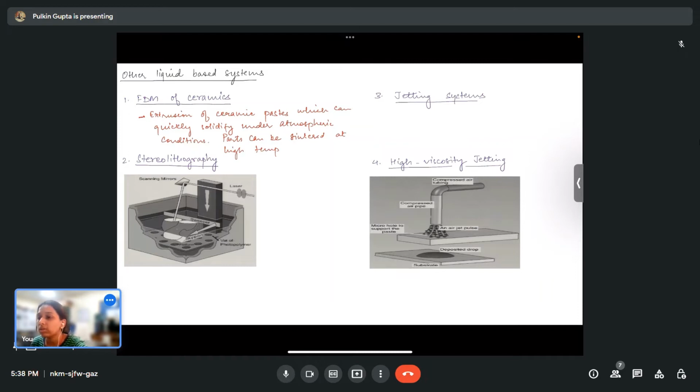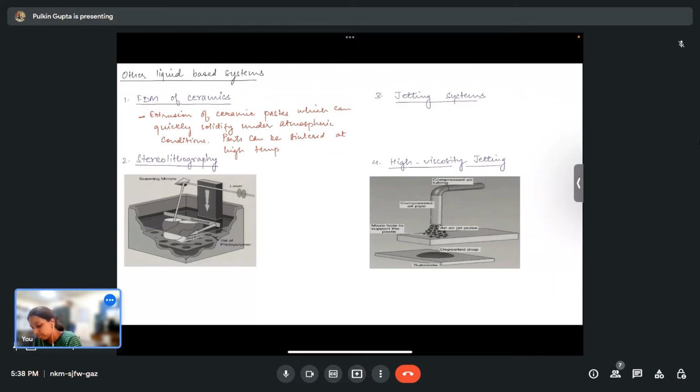Now we have stereolithography in the extrusion form, wherein a material containing photopolymers, a photopolymeric resin, is extruded through a nozzle and then solidified using lasers.